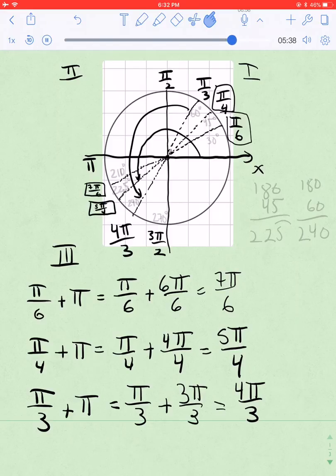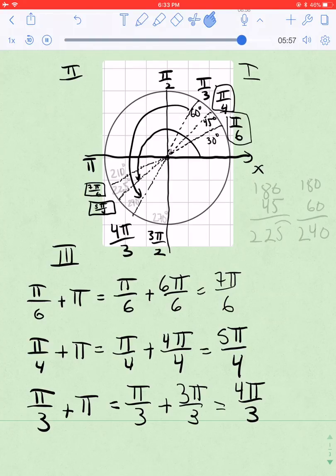Okay? And so in terms of degrees, we started with 30 degrees, 45 degrees, and 60 degrees. So to sum that, we sum it with 180.